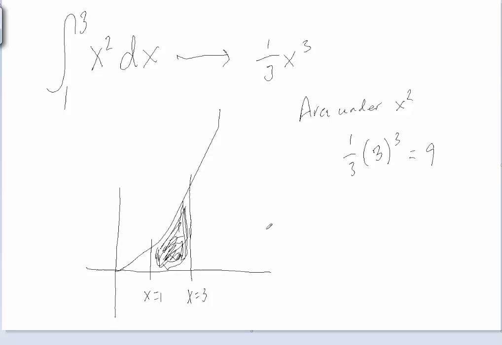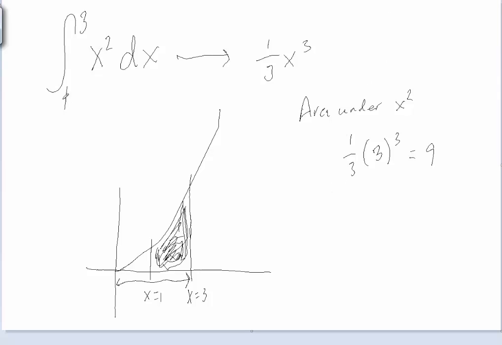If x were 7, it would be 1/3 7 cubed. If x were equal to 5, 1/3 times 5 cubed, etc. So if we think of the area under the curve between 0 and 3 above the x-axis, we're looking at this entire area here.